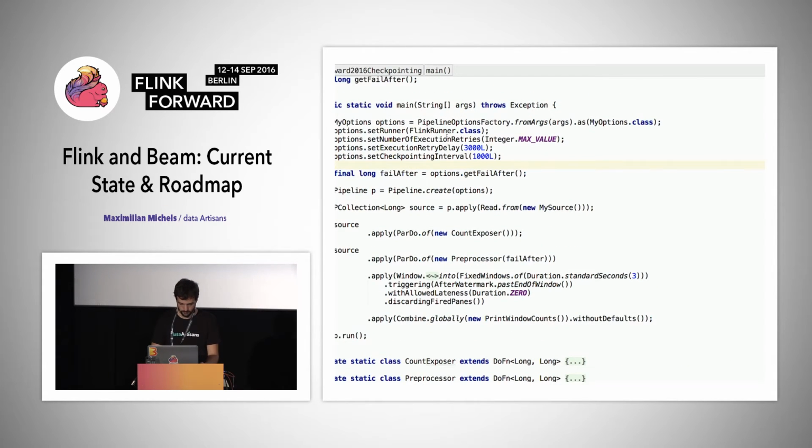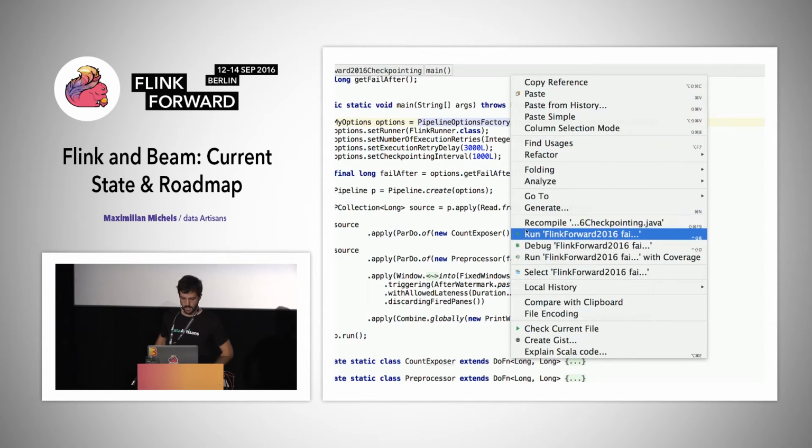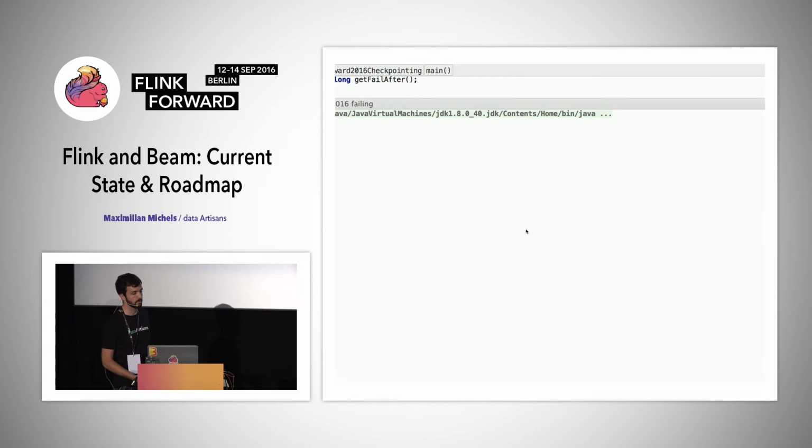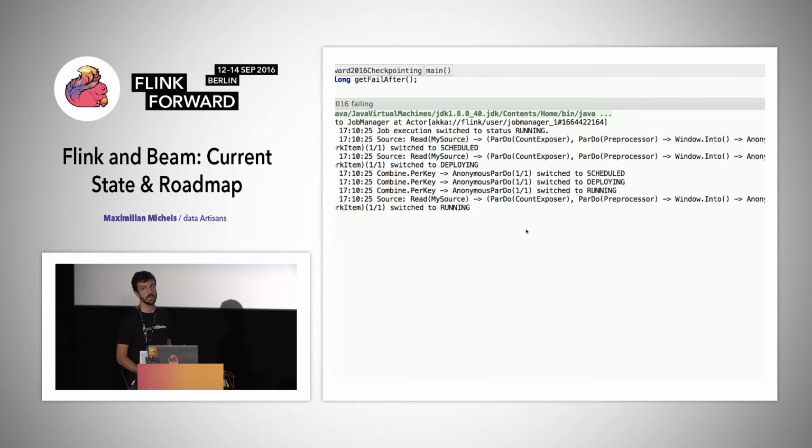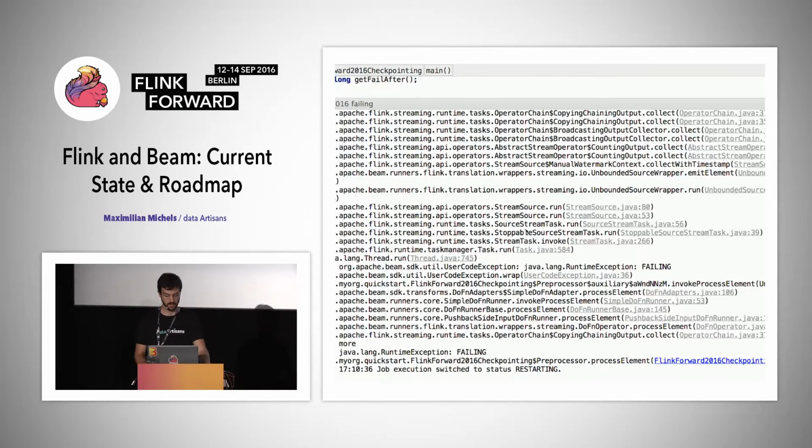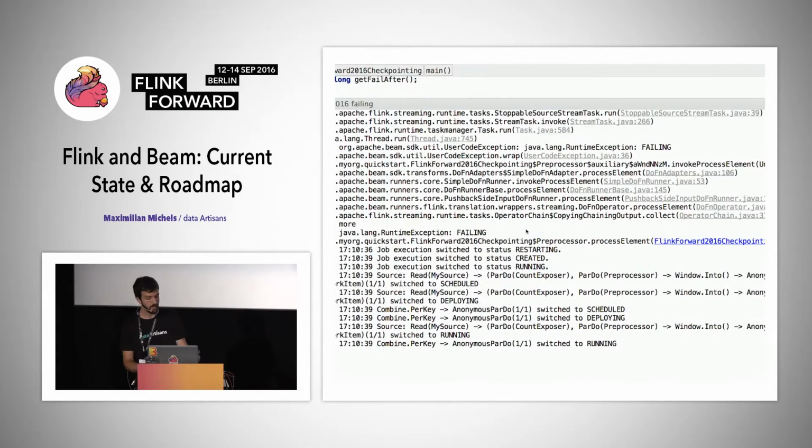So when I now execute this, we expect the same output, but after 10 seconds we expect the pipeline to fail, because my preprocessor probably needs a null check, and it doesn't do a null check, so it fails.